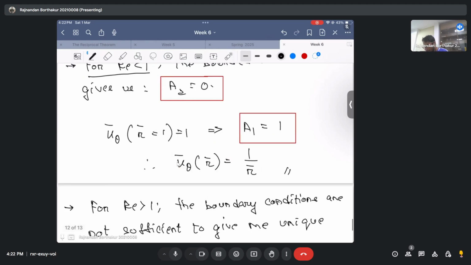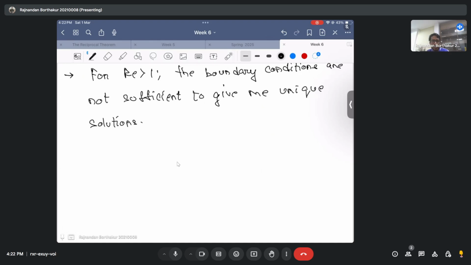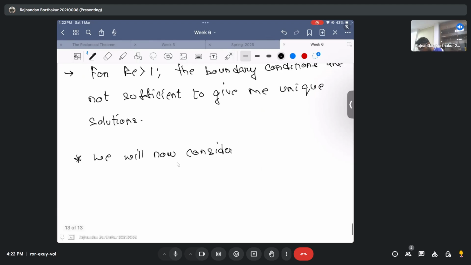All right, so let's then see this scenario. Let's now stick ahead into the Reynolds number less than 1 scenario, because Reynolds number greater than 1 will not give me a unique solution here, at least for the boundary conditions that we considered in this scenario. So I'll write that we will now consider the Reynolds number less than 1.